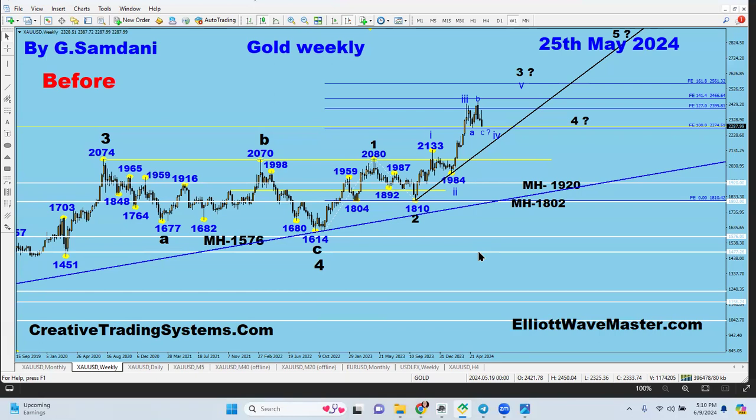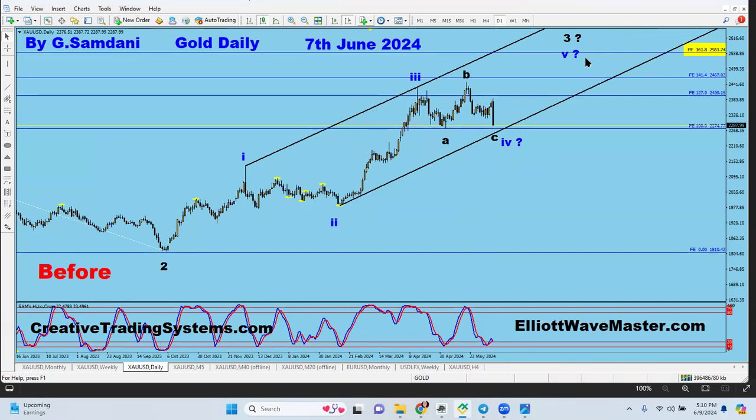But we know that it's wave 4, so wave 5 is going to be coming to the upside. That means sooner or later USD is going to get weaker again, right? So they explain each other. Pairs and indexes, one pair explains the other, and the other pair will explain the other. So you put them together.